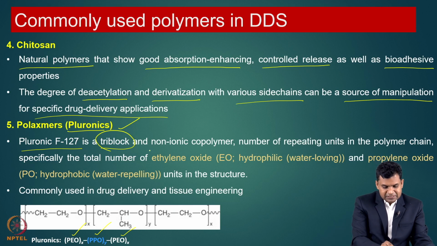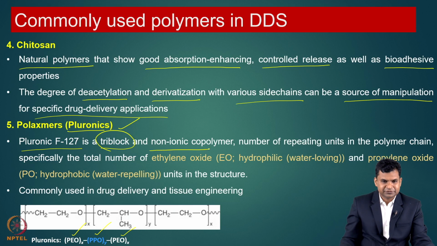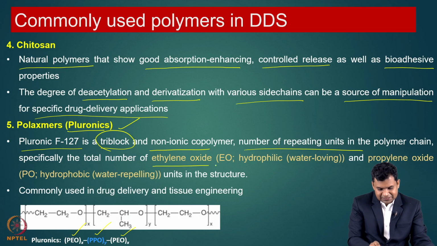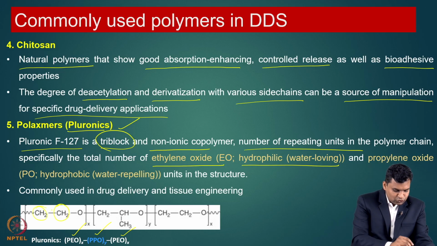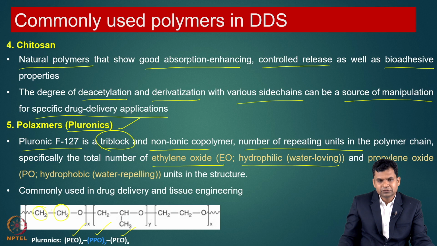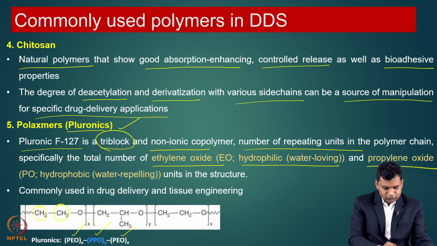This is non-ionic in nature. When you disperse it in water, you will not see any charge in the solution. It contains various numbers of repeating units: as we have already discussed, ethylene oxide is hydrophilic and water-loving. Then you can see propylene oxide with three carbon atoms, which has water-repelling, hydrophobic properties.